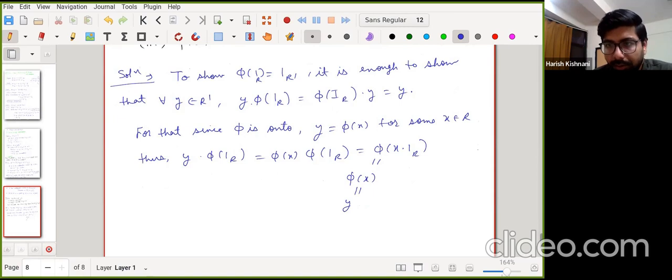But if you don't want to assume that it's commutative, then also we are done, because this is the same as 1R dot x. Identity commutes with every element. So this is phi of 1R dot phi of x.